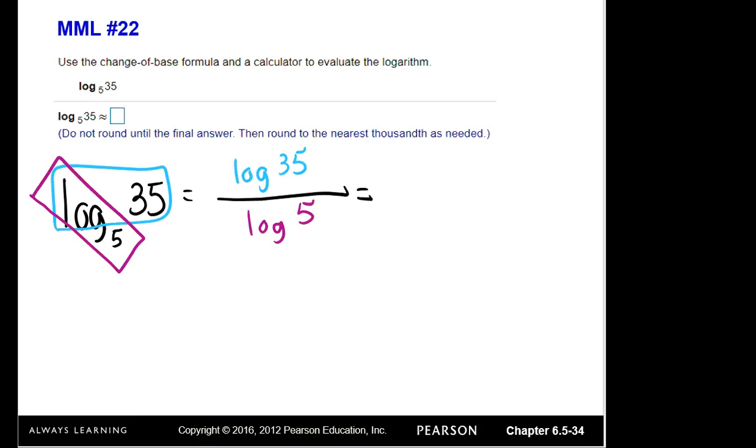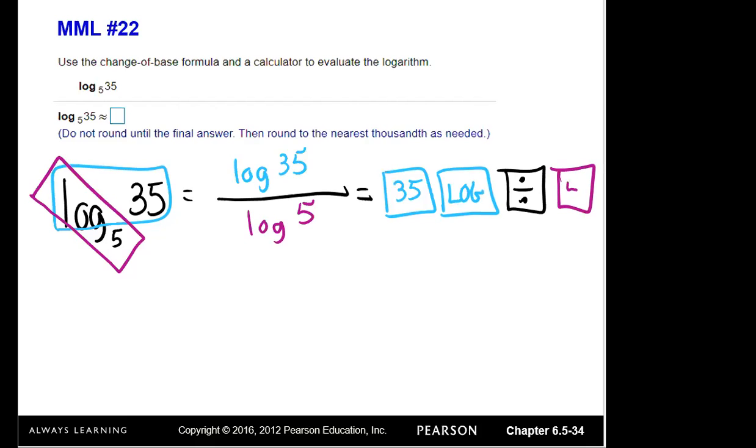So on my calculator, I'm going to have to type in 35, hit the LOG button, then hit the division button, then hit 5, then hit LOG, and then hit your equal sign.